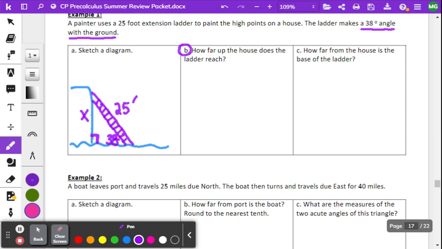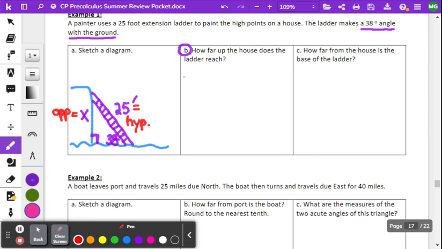So looking from the 38 degrees, we have to label our sides. Well, no matter what, this ladder is the hypotenuse, right? It is opposite the right angle. And if you look from the 38 to the x, they are clearly opposites. So which trig ratio uses opposite and hypotenuse? Well, you should know by now that it's sine.